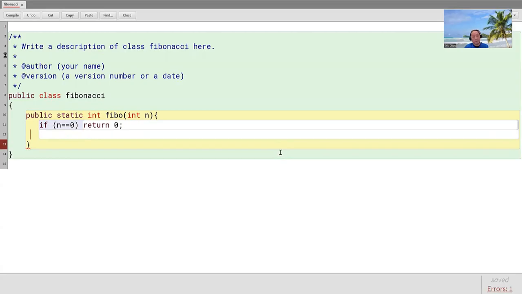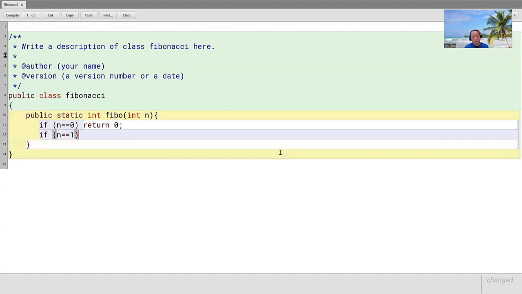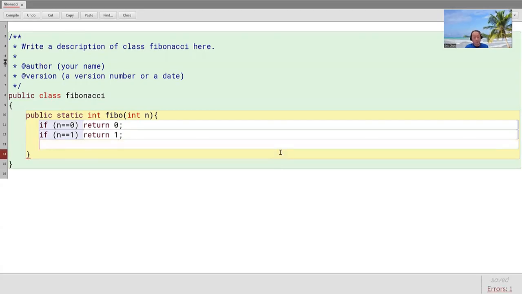If n equals 1, return 1. So these two are the two termination conditions. And then you return f of n minus 1 plus f of n minus 2. This one is the regular Fibonacci code.